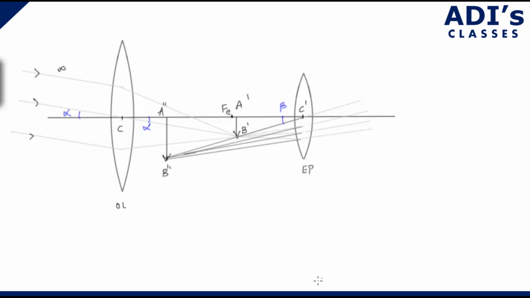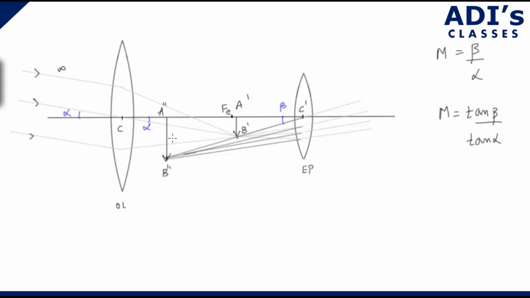So in other words, the angle subtended at the eye by the image formed, that's basically beta, and the angle subtended at the eye by the object lying at infinity is alpha, correct? So again we have m equal to beta divided by alpha. Since beta and alpha are small angles, we can replace them by tan beta divided by tan alpha.